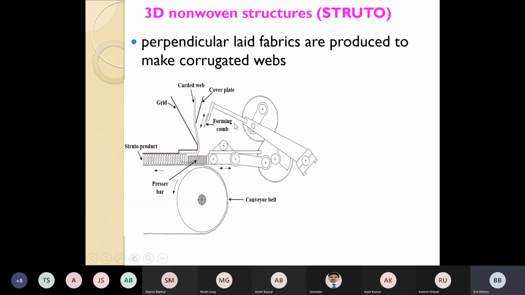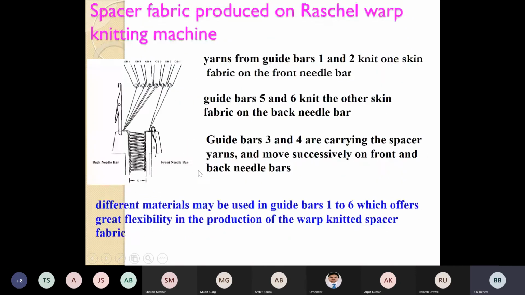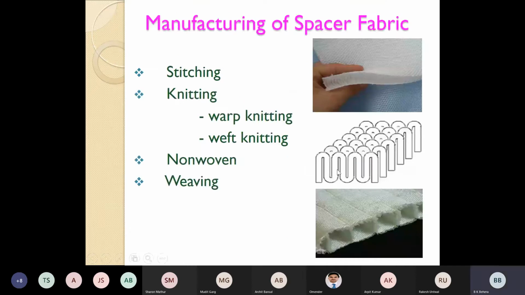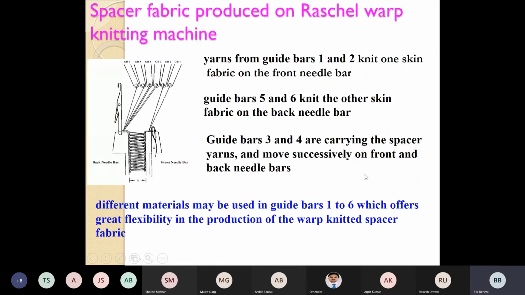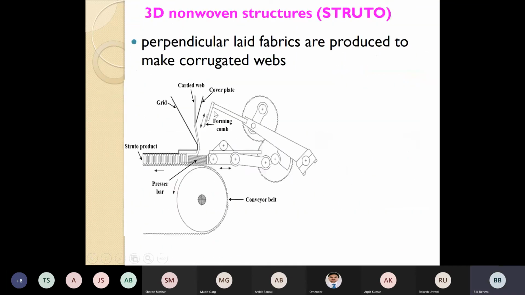It means it lays this web in this form. I have already shown you this form, in this form. So that is what this forming comb is doing. Look at this: the card web is coming, laid down over this, and the forming comb just descends down, pushing at equal interval distance, so that it goes on arranging the web in this folded manner.